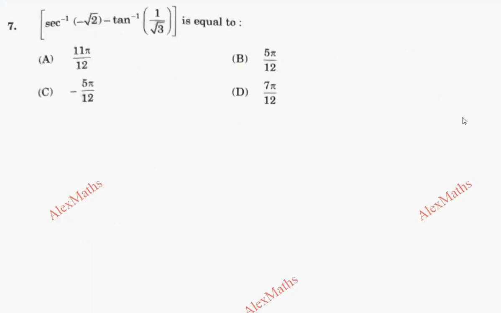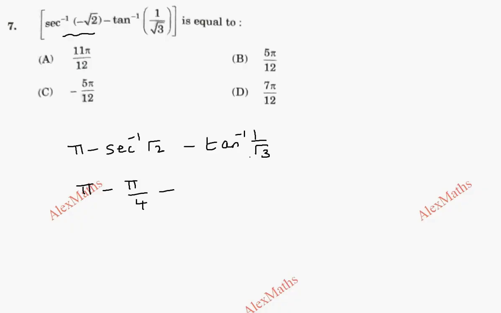Question number 7. We have secant inverse minus root 2. If we take minus outside, this will become pi minus of secant inverse root 2, then minus tan inverse 1 by root 3. So now this becomes pi minus, this is pi by 4, and this is pi by 6.